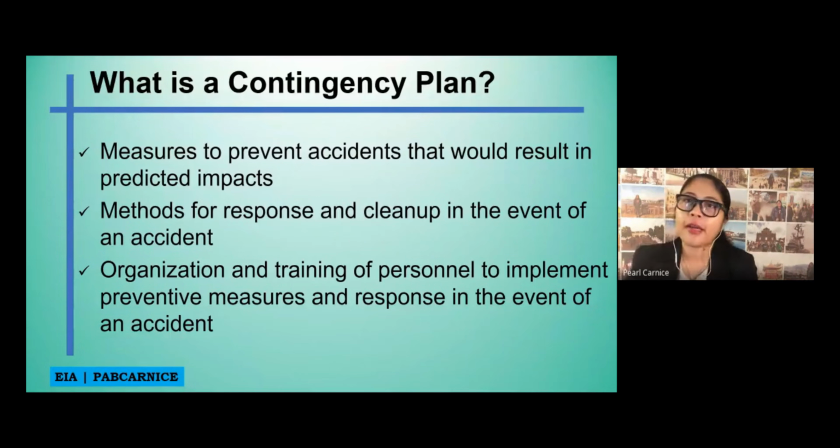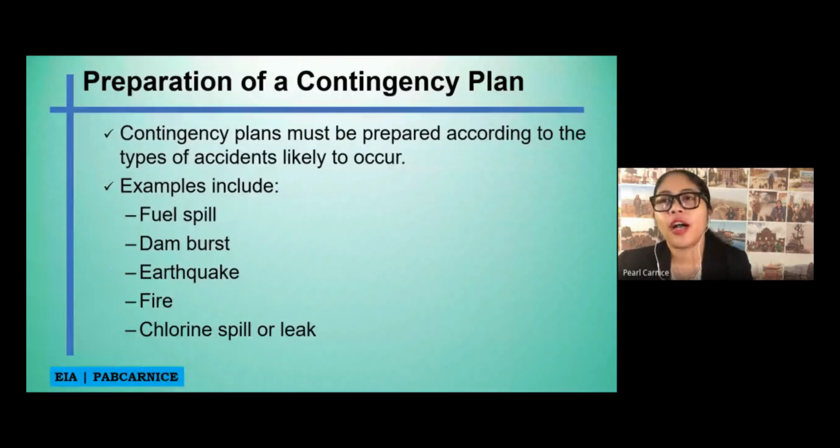So, in preparation of a contingency plan, of course, contingency plans must be prepared according to the types of accidents likely to occur. For example, a fuel spill or dam burst. If you have a certain dam that has a high volume of water and it bursts because of an earthquake or because of the high volume of water, then the developer or the owner, or the government agency that is managing the dam, should always have a contingency plan.